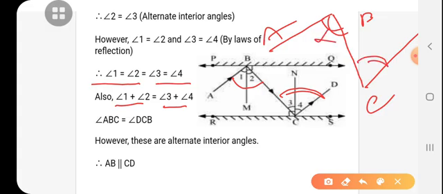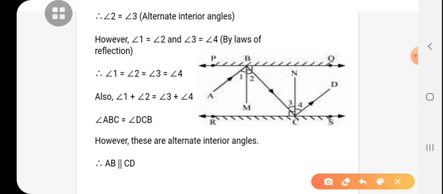If this angle is equal to this angle, then the line AB will be parallel to CD because these are alternate interior angles. If alternate interior angles are equal, then the lines will be parallel. Now see again, this angle is equal to this angle, these are interior angles, so this line will be parallel to this line. So we can say that AB is parallel to CD. Thank you.